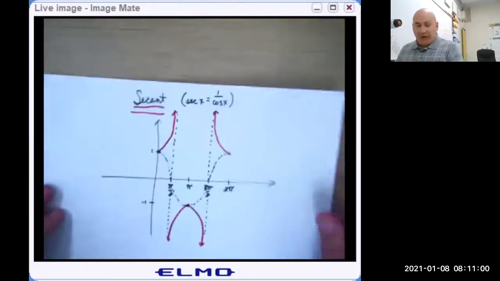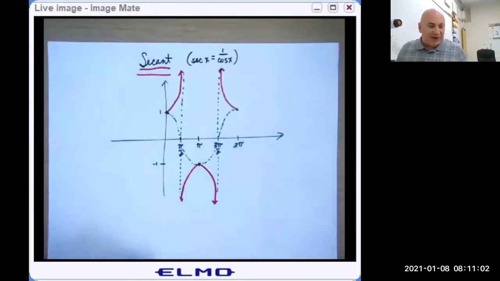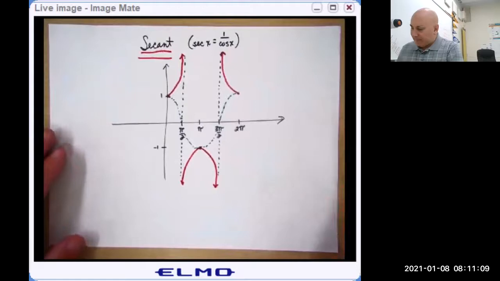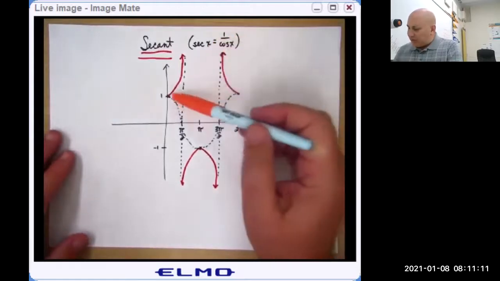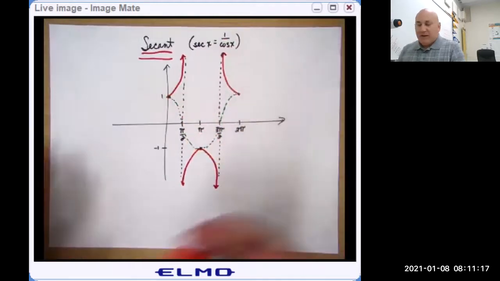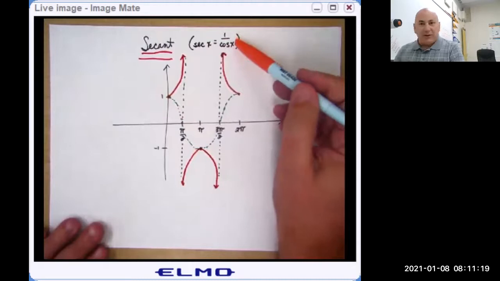Now let's take a look at the reciprocal functions. So secant is 1 over cosine x, and we're not going to spend a lot of time stretching, reflecting, and translating these reciprocal functions. So secant is 1 over cosine. What I did is I dotted in a cosine curve here, and now I'm just going to take the reciprocal of all these values.